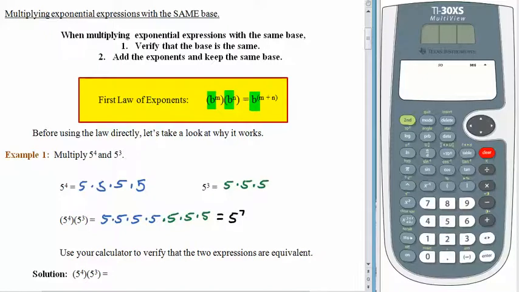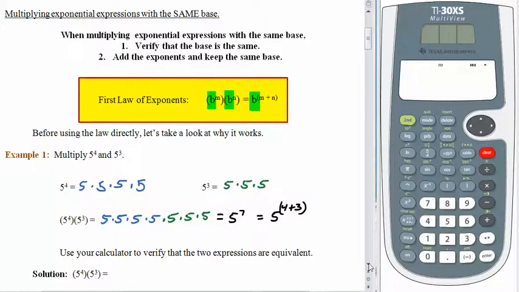And so that's 5 raised to the 7th power. And of course, all we had to do really was to look at the exponents. 4 plus 3 is equal to 7. And that's all there is to it.